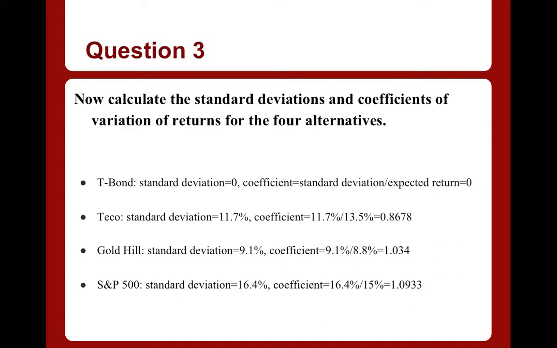The coefficient of variation is a better measure when investments have different expected returns and different levels of total risk. When risk is considered, the best alternative depends on how much risk the investor is willing to take. The SP500 may be the stock with the greatest expected return, and therefore is also expected to have the greatest standard deviation.